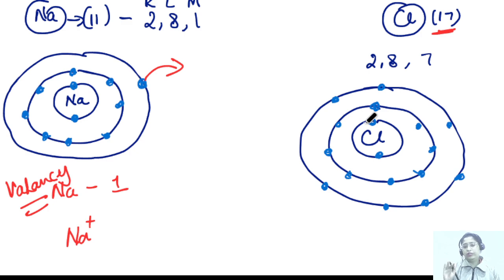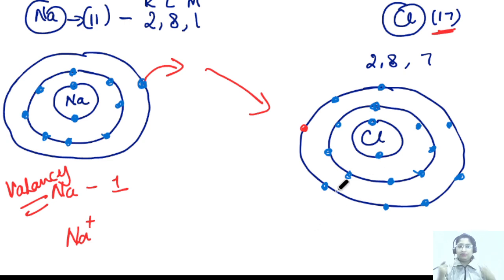I'm already holding 17 electrons, but one more electron I can gain and adjust. You know, if you have two hands, you can easily hold 3 things by adjusting somewhere else in your arms. Chlorine is saying, I can adjust.